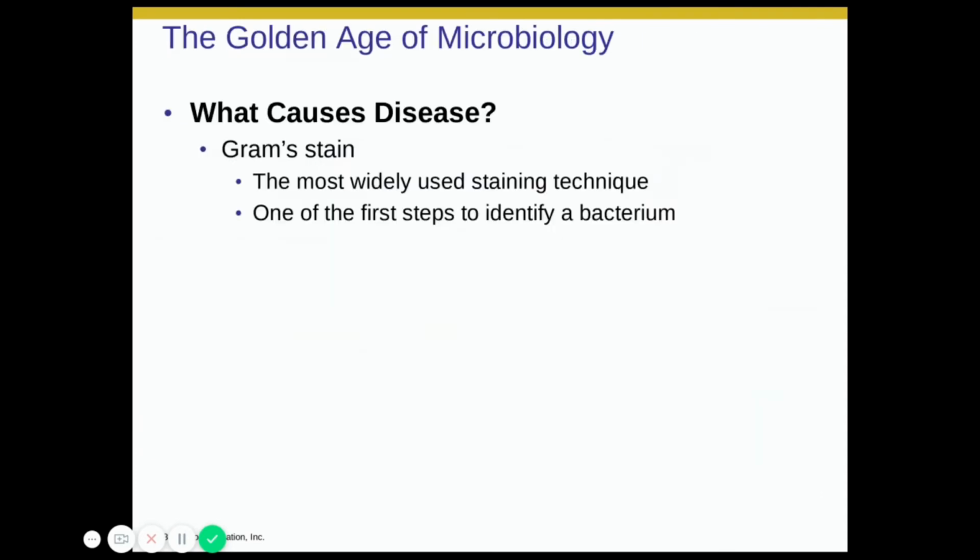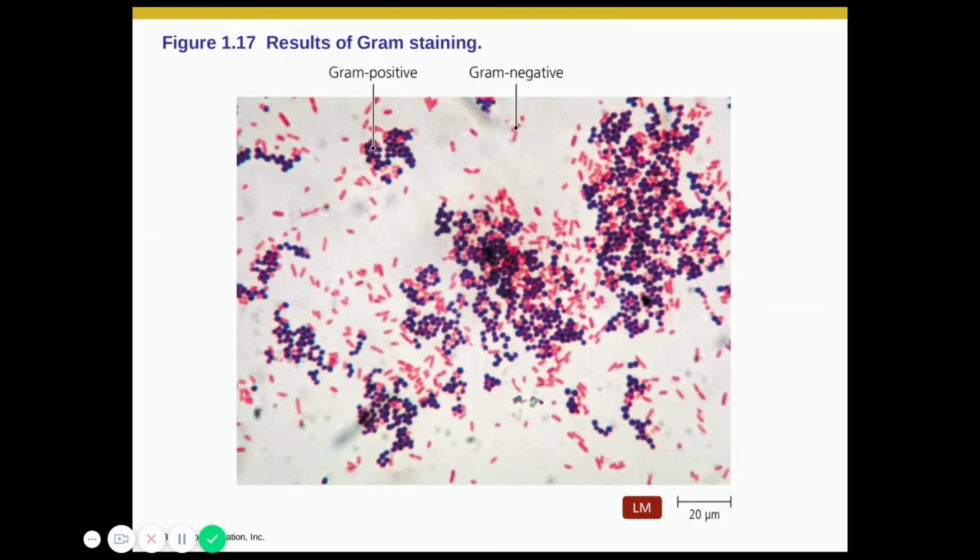All right, so moving on, we have some other individuals that were pretty important in the history of microbiology, and one of them is Gram. You're probably familiar with Gram, since I just mentioned Gram staining. This is one of the first steps you'll do in order to figure out what you're dealing with. You have Gram-positive and Gram-negative bacteria, with Gram-negative being the more dirty and dangerous of the two.